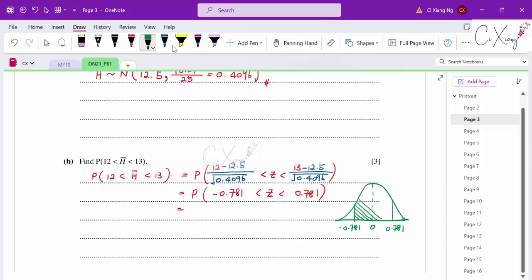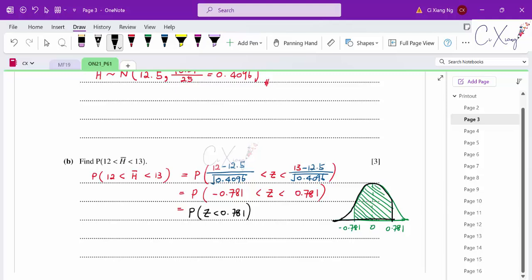How can we find it from the normal table in the MF19? There are many ways to do it, so I will show you the method that I'm using. First, I will take this whole area, highlighted in black, which can be written as Z smaller than 0.781.